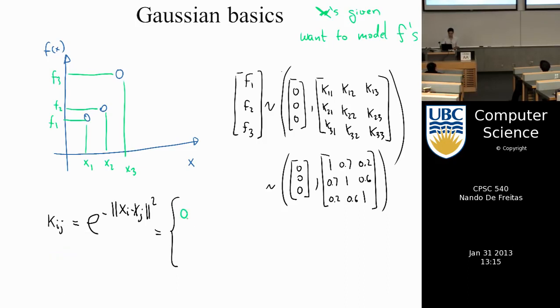It is 0 when the distance between xi and xj goes to infinity. E to the minus infinity is 0. E to the minus a large number is 1 over e to the a large number, which goes to 0. It will be 1 when xi is equal to xj. In particular, that's why we get the 1s along the diagonal.